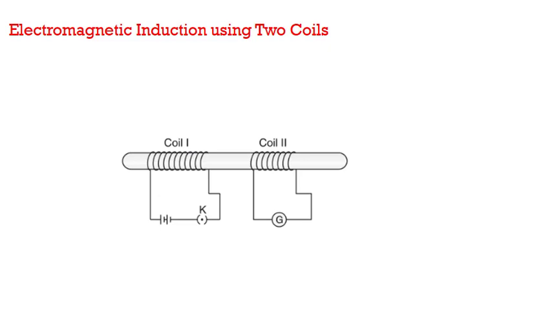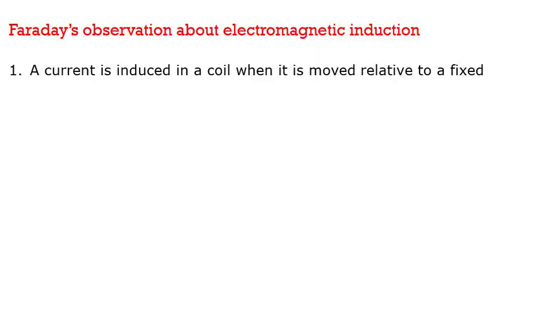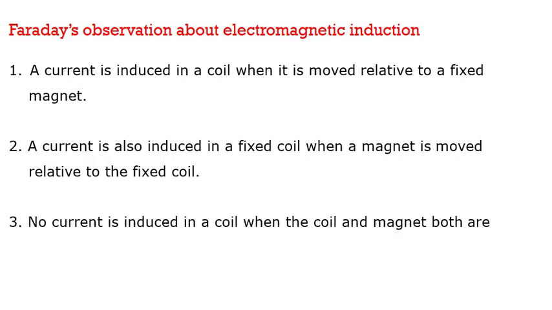Now from these activities or experiments, Faraday observed a current is induced in the coil when it is moved relative to a fixed magnet. Current is also induced in a fixed coil when a magnet is moved relative to the fixed coil, and no current is induced in the coil when the coil and magnet are both stationary relative to one another.